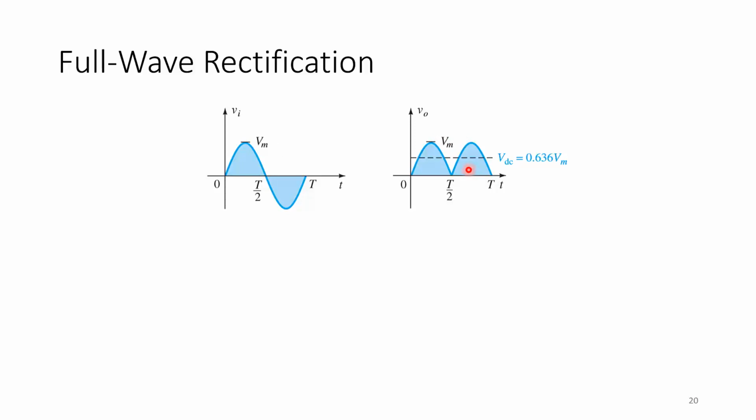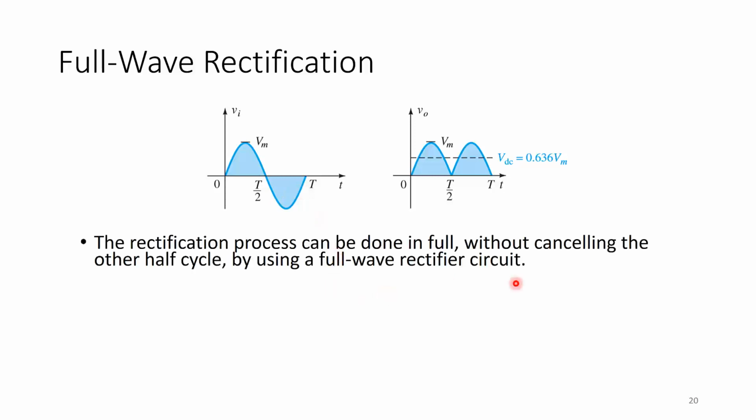So you don't lose any signals here, but instead it all becomes unidirectional, making it just one direction without omitting the negative cycle. So the rectification process can be done in full without cancelling the other half cycle by using a full wave rectifier circuit. If it had been a half wave rectifier circuit, we would have cancelled the other half cycle.